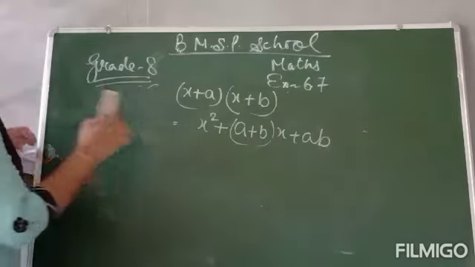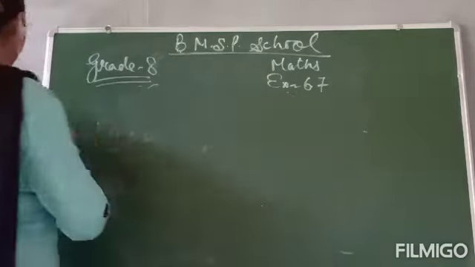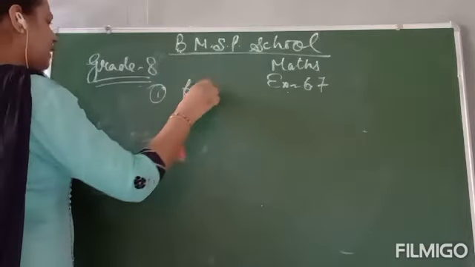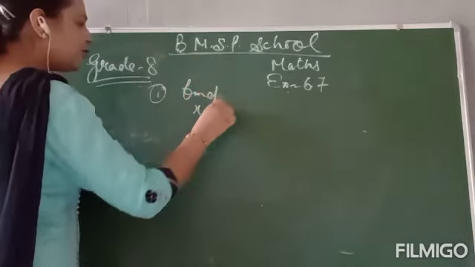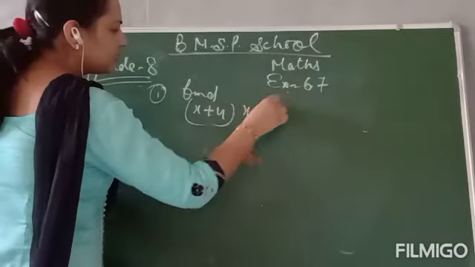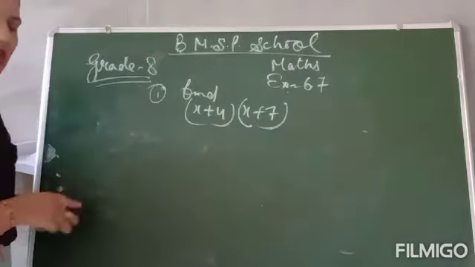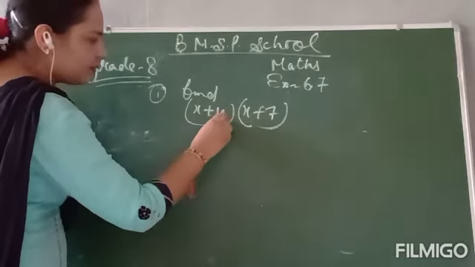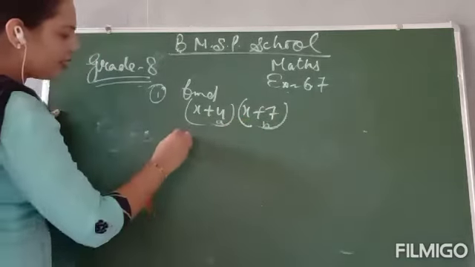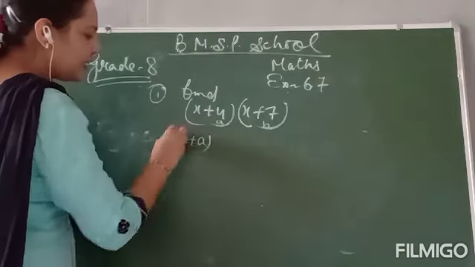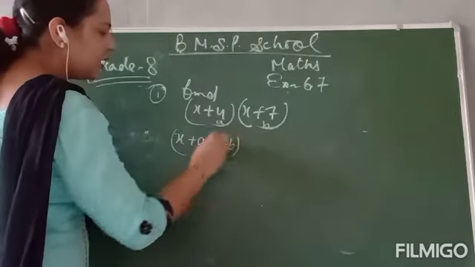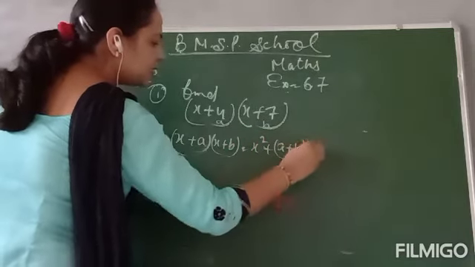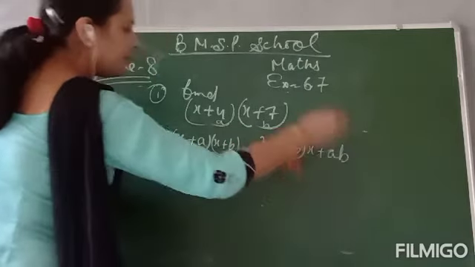Okay. Now the first sum in exercise 6.7 is find (x plus 4)(x plus 7). Okay. Now this is x, a and b. So I will write the formula (x plus a)(x plus b) is equal to x square plus (a plus b)x plus ab.